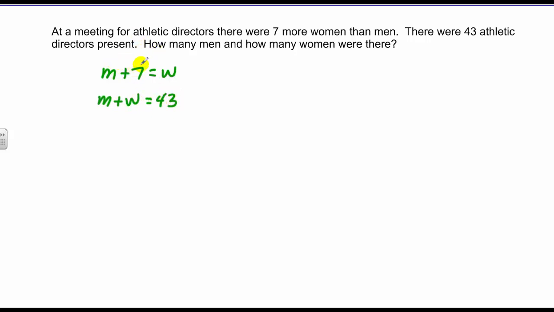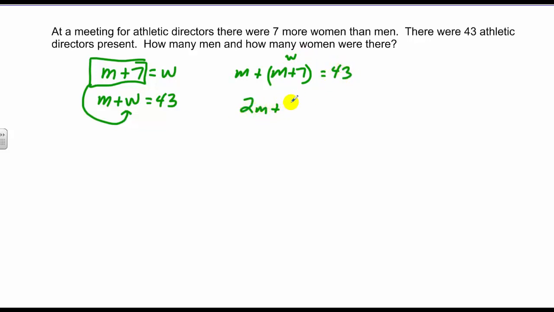This is all set up for a substitution because I know what W equals. So I can say M plus 7, that's like my W, is equal to 43, or 2M plus 7 is 43.